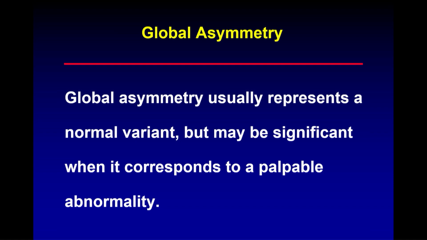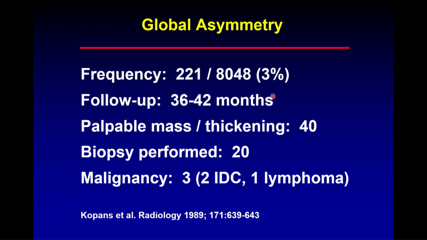If there's something palpable, the woman needs diagnostic mammography of the palpable area, and then you can decide whether there's really a finding. But bottom line is global asymmetry is infrequent. The frequency of global asymmetry in the Kopans study was 3%. That is not modern mammography.